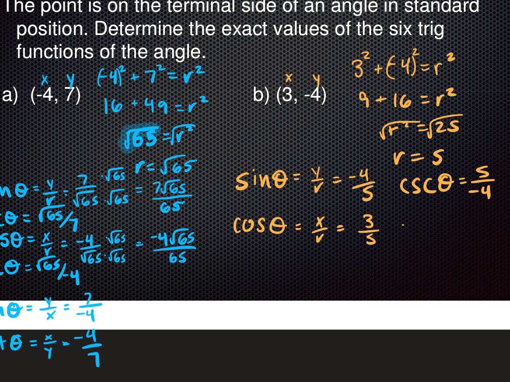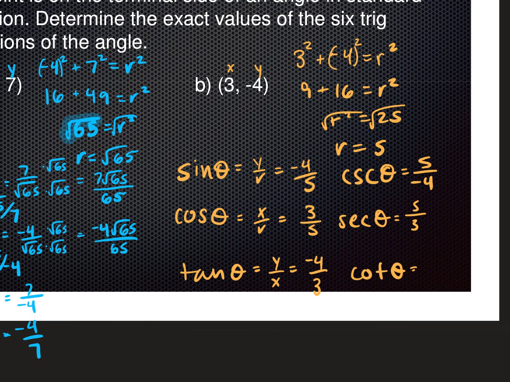Its reciprocal, secant, is 5 over 3. And then tangent is y over x. So negative 4 over 3. And then cotangent is the reciprocal. So 3 over negative 4.